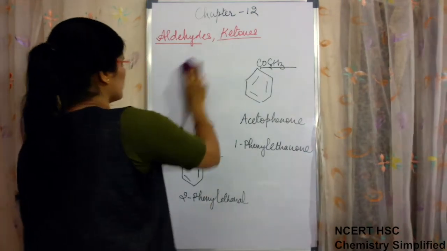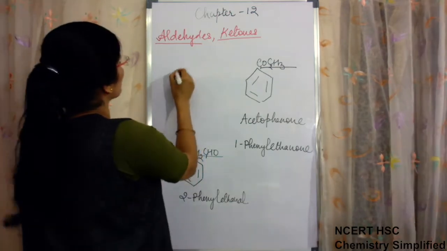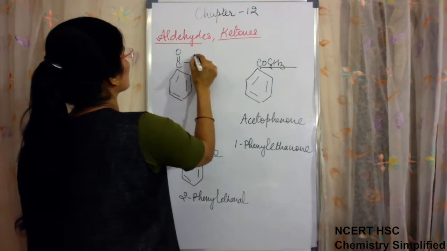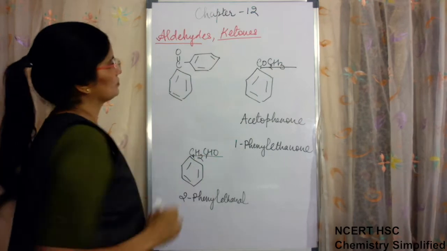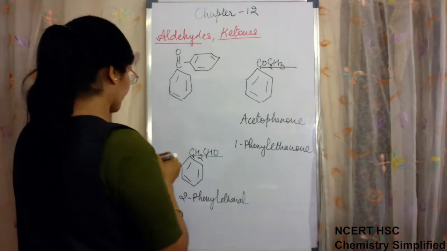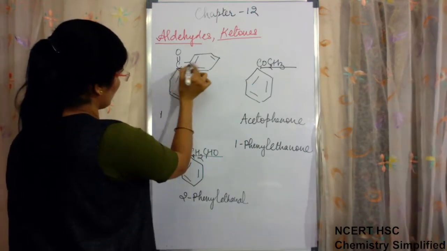One more example we take. Let us make a double bond over here. Okay. Now this is actually one, only one carbon atom.